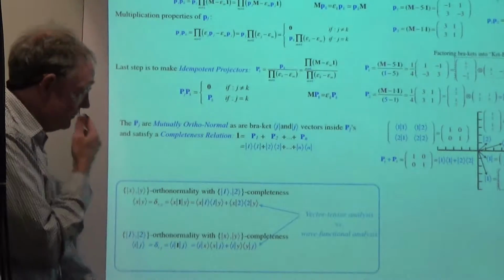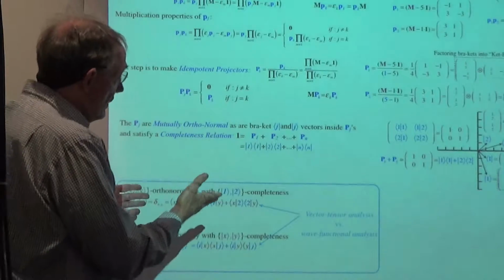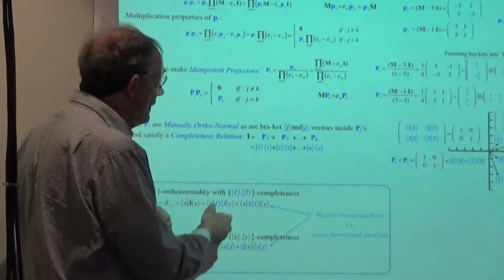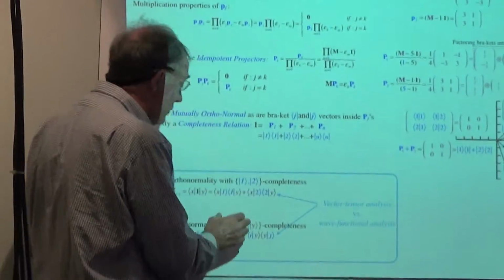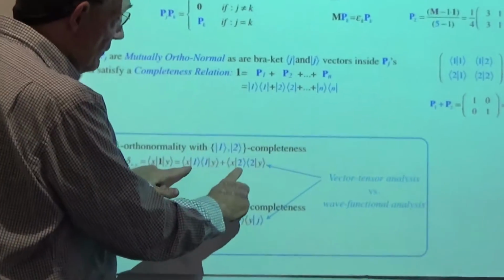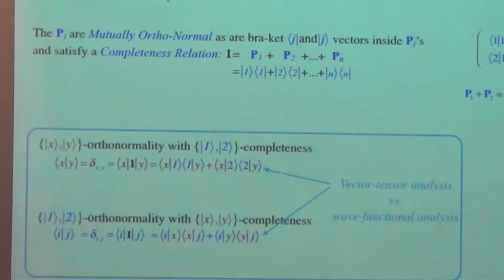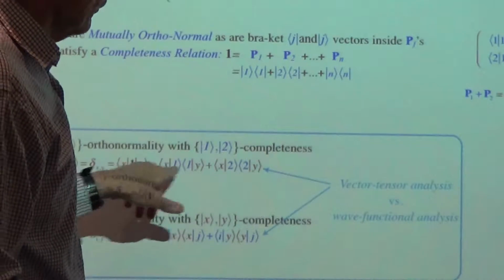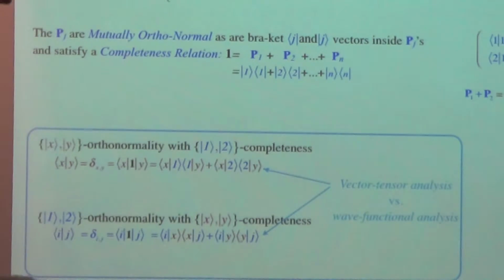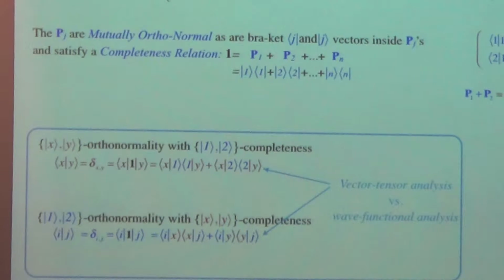And the Dirac notation is fairly elegant for showing that. But the Dirac notation has this thing about saying that 1 is the sum of these, so you can stick a 1 in between these two vectors, and there you get an expansion of things that may not be 0. In fact, they usually aren't. So this is a vector tensor analysis sort of way of looking at the thing using Dirac notation at an orthogonality relation.